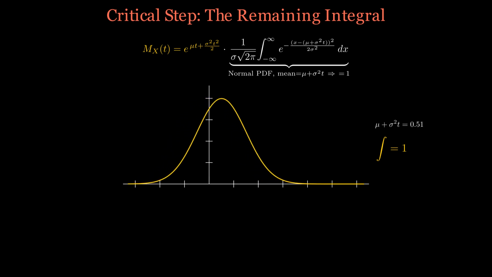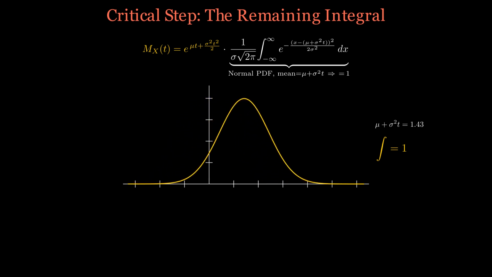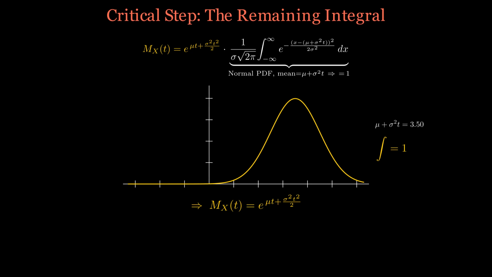It is the exponent of a normal distribution centered at mu plus sigma squared t. As t changes, the bell curve shifts left and right, but its total area stays locked at exactly 1. Any normal probability density integrates to 1 by definition. So the entire remaining integral equals 1, and we are done.